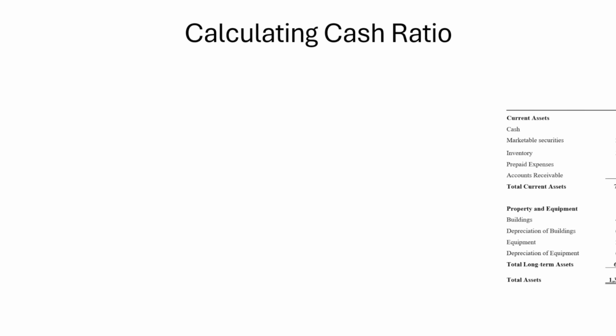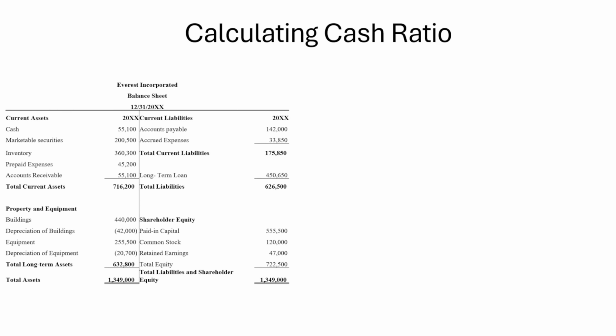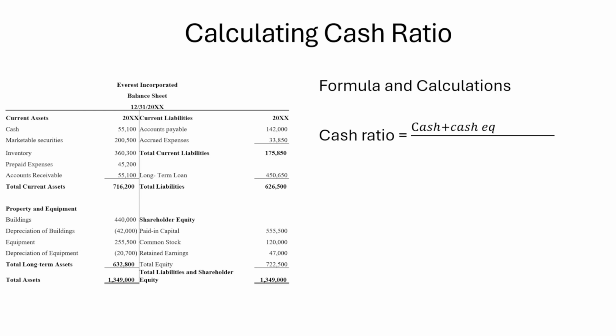Time to calculate the cash ratio. We are going to use the same balance sheet for Everest Incorporated. We have the debit and the credit side over there. As we said, the cash ratio is calculated by using cash plus only its equivalents divided by current liabilities.